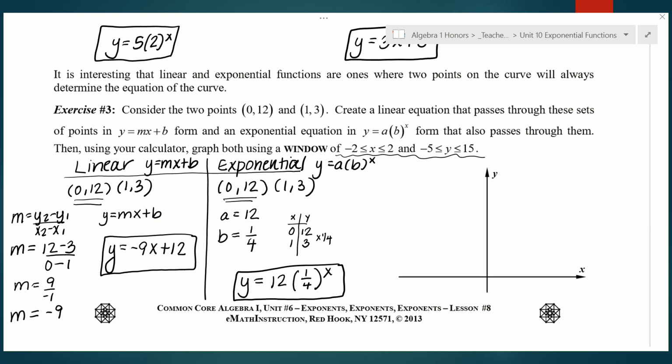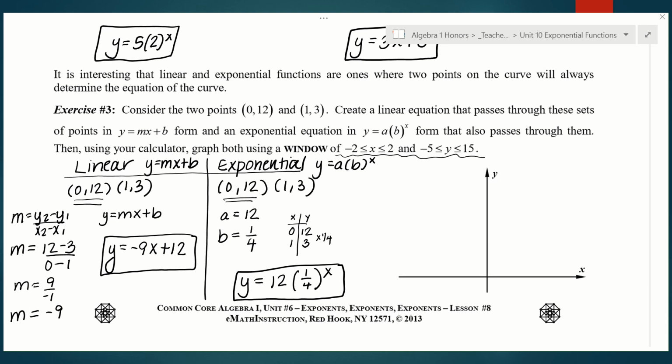So once you're on your graph, you're going to hit Menu, Window Zoom, and then we're going to go to Window Settings. For our x-min, we want to say -2 because they're saying our domain should go from -2 to 2. So -2 for x-min, 2 for x-max.